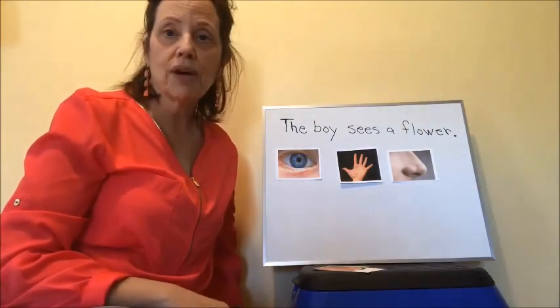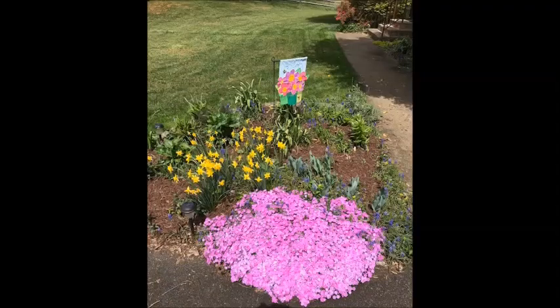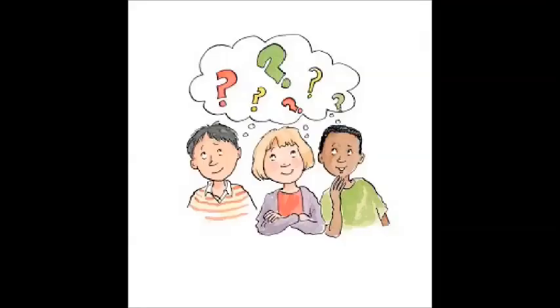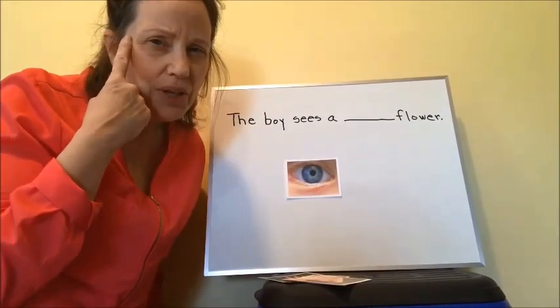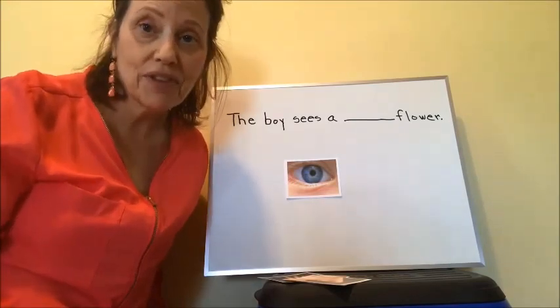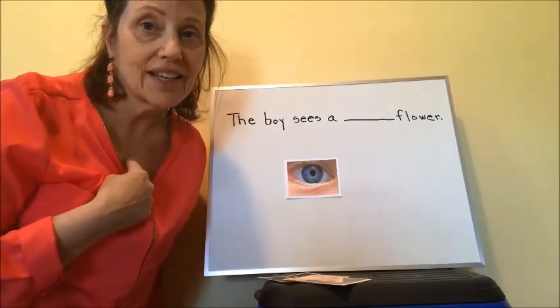Let's go ahead and start off with sight, the sense of sight. I'm going to show you what my flowers look like. Did you think of a describing word when you looked at the picture of the flowers? I did.